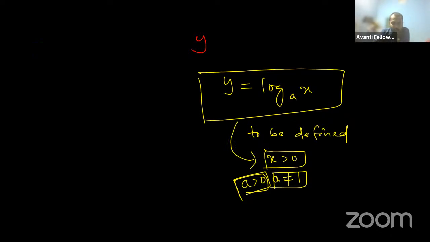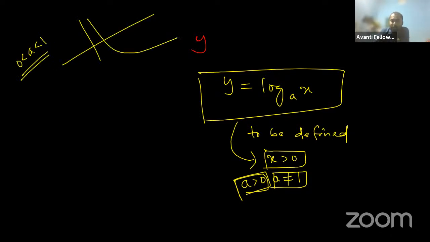And how are the graphs? When a is lying between 0 and 1, the graph is a decreasing function, right?